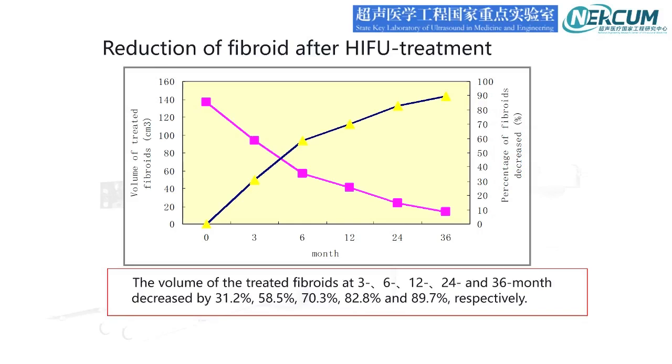What we focus on is the reduction of fibroids after HIFU treatment and improvement of symptoms. After follow-up, at month 6 post-surgery the shrinkage was about 58.5%. In our review afterwards, in 80% of the patients, around month 6 the volume had shrunk by more than 50%.